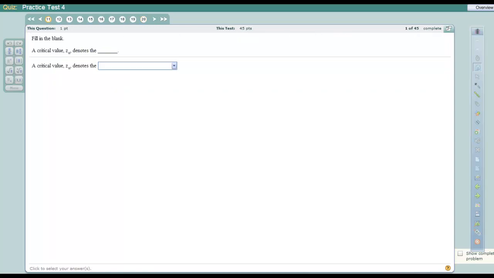Okay. A critical value, Z A, denotes the area to the left of Z equals A, area to the right of Z equals A, Z-score with an area of alpha to its right, Z-score with an area of alpha to its left. Which one?